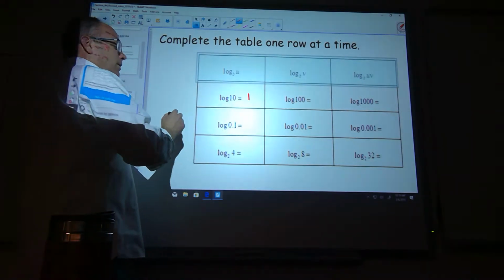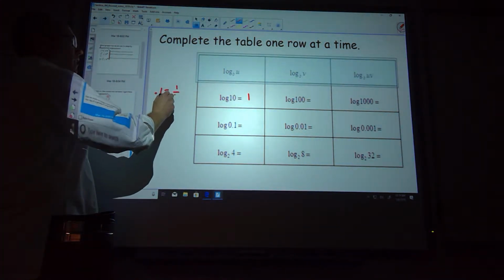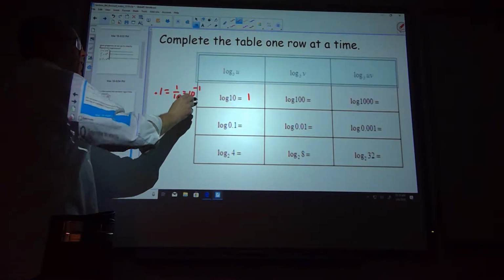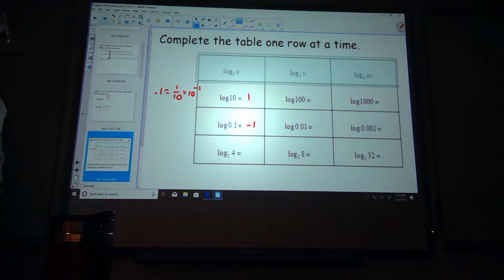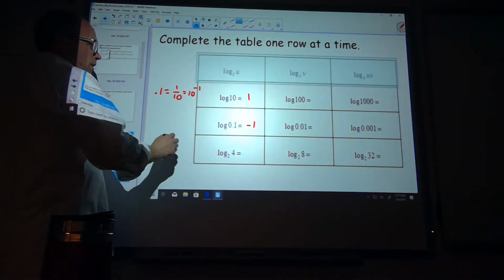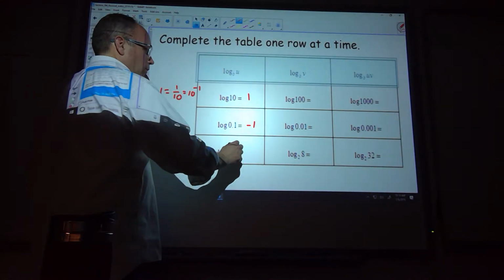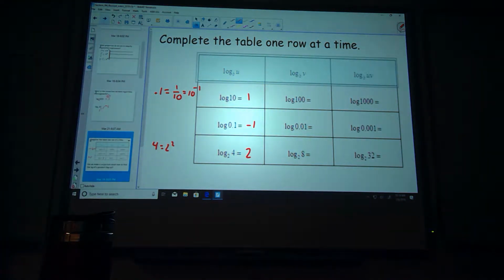Log base, so think about that. 0.1 is equal to 1 over 10. I would make the 10 a negative, have a negative exponent. Right? And then log base 2 of 4, you have to make 4 equal to 2 squared. So log base 2 of 2 squared is just the exponent 2. That okay so far?